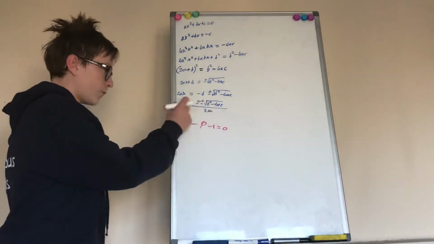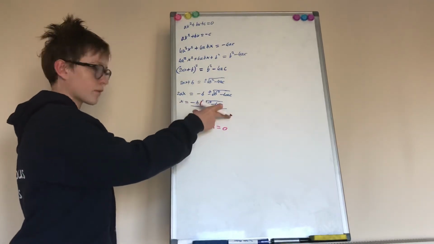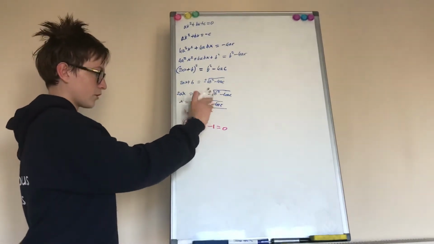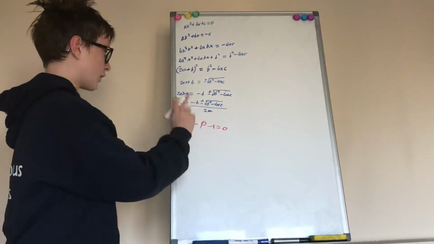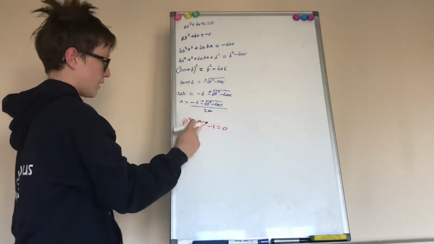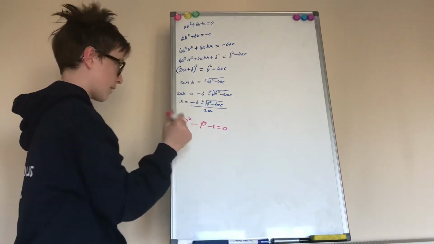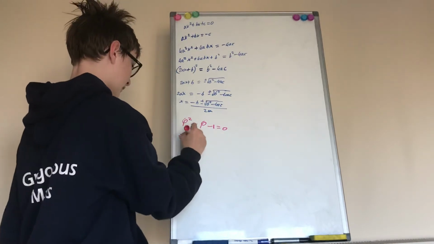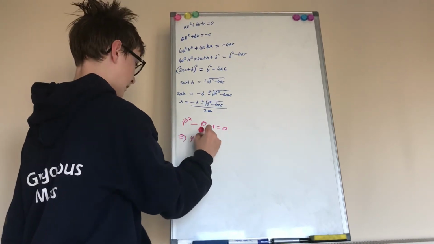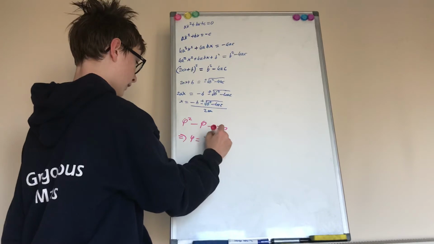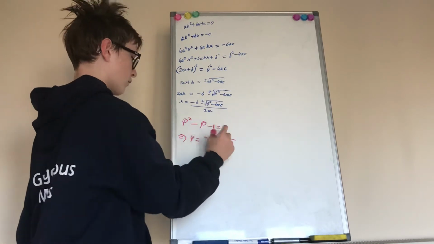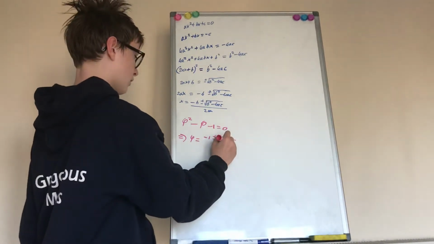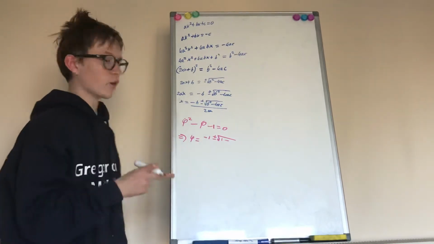Now, phi is equal to negative b plus minus square root of this. What is b? Well, b in this case is 1. So this implies that phi is equal to negative 1 plus or minus the square root of b, which is negative 1 squared, which is 1, minus 4ac.